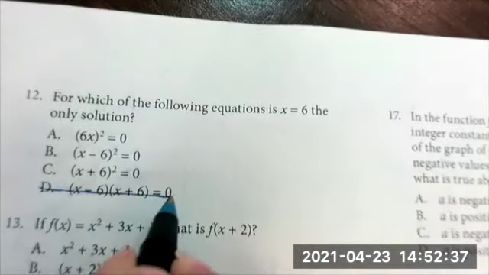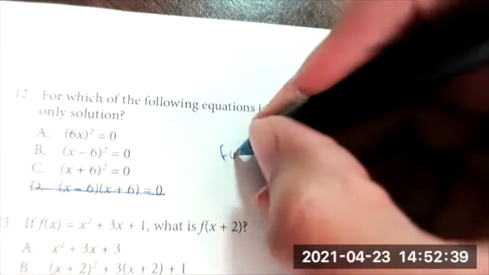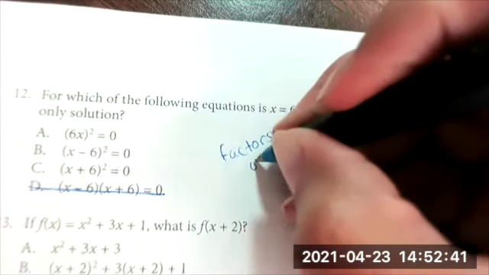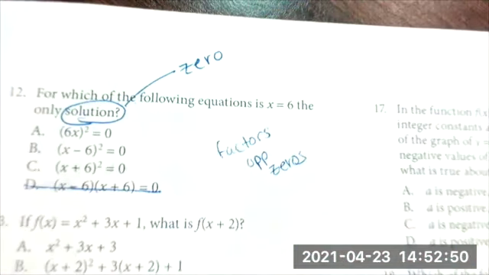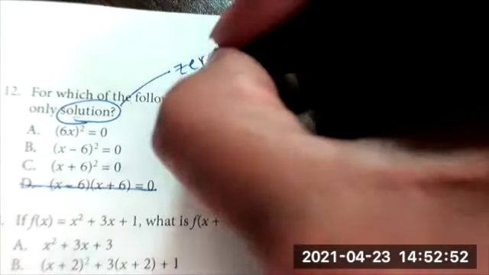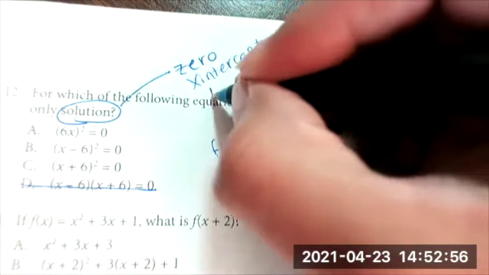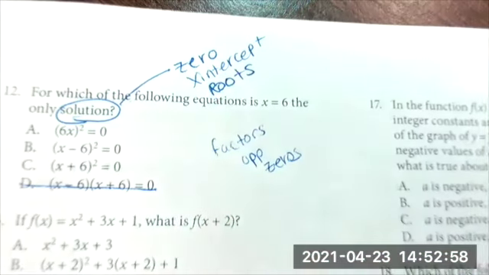So I'm going to get rid of that one. Remember what I told you, factors are opposite of your zeros. When they're talking about solutions, it's the same thing as 0, which is your x-intercept, which is your roots. They also call it roots.